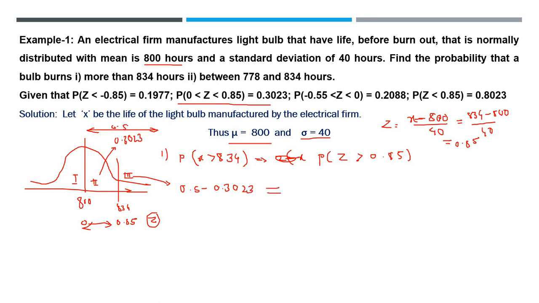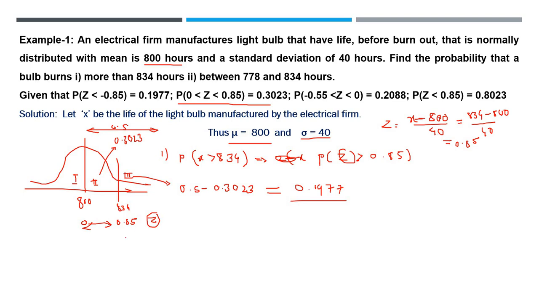So the area for region 3 can be calculated as 0.5 minus 0.3023. That value comes out to be 0.1977.